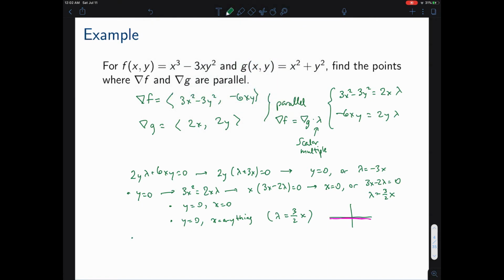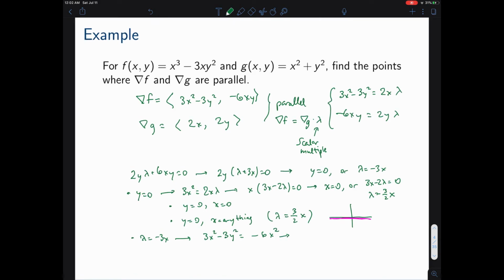What else? We had lambda equals minus 3x as a solution to the second equation. What happens if we put that into the first equation? Then we get 3x squared minus 3y squared equals minus 6x squared. I wrote x to the 6th, but I meant x squared.